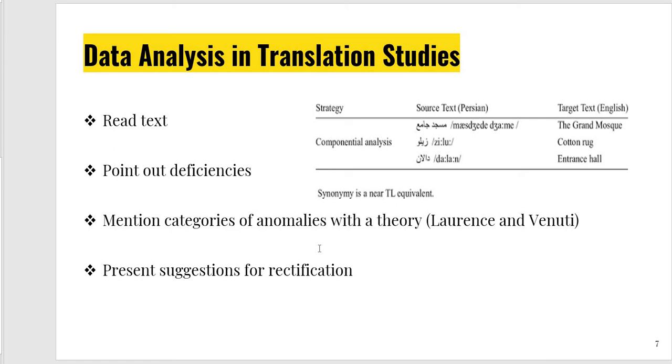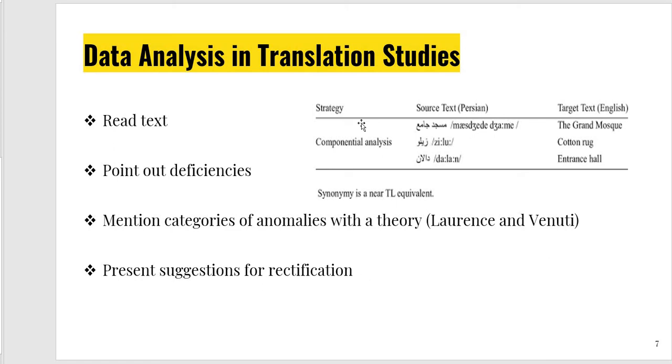You will make categories, suppose there are lexical errors, semantic errors, contextual errors, cultural errors. So you will find out those anomalies, weaknesses, shortcomings, and then you will also provide the suitable word, that this word is more appropriate, and in this way you are correcting the translator.